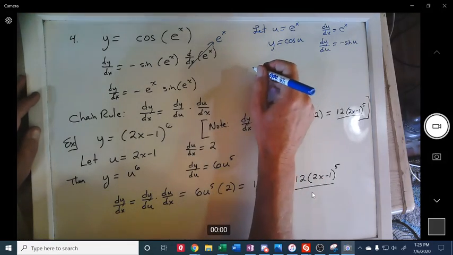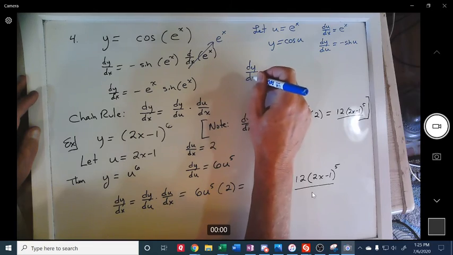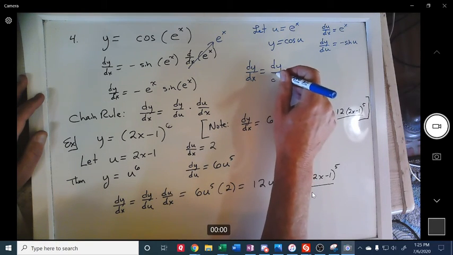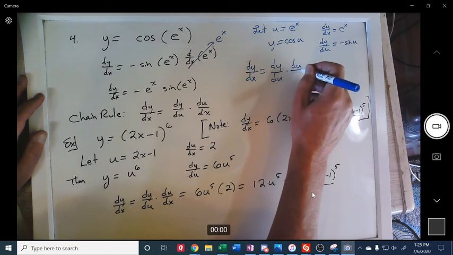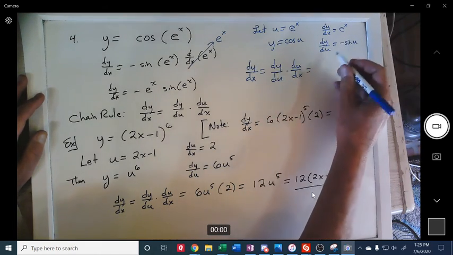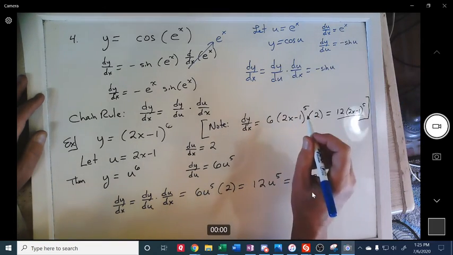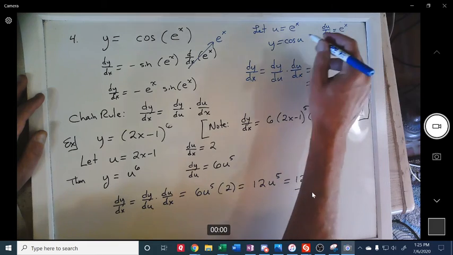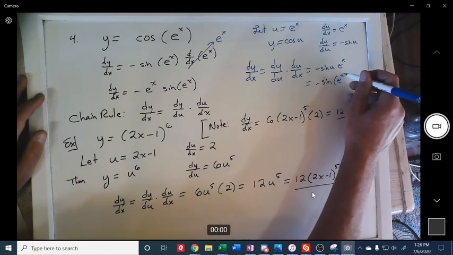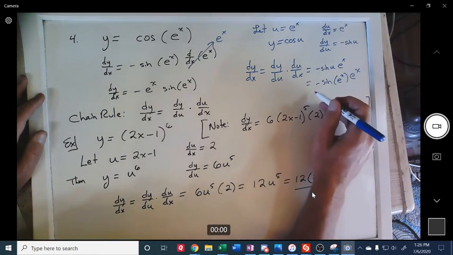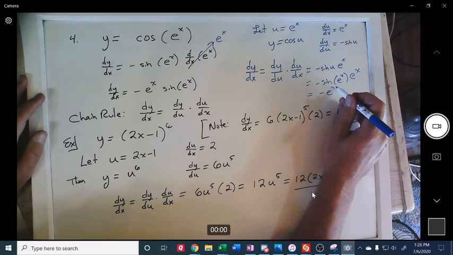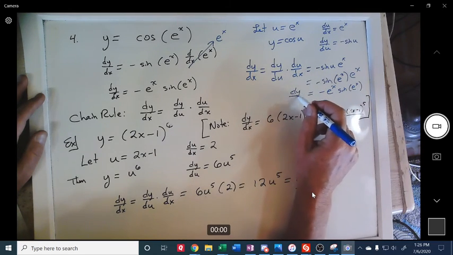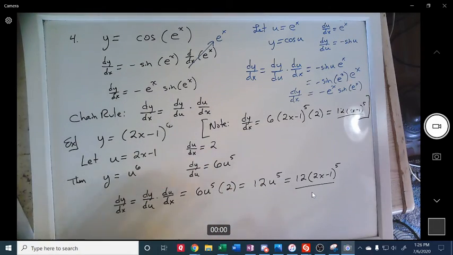And so then, dy dx would be dy du times du dx. dy du is negative sine u, and then du dx is e to the x, and then this is negative sine, and now u is e to the x, times e to the x, and then if we replace it, putting this one first, we get exactly the same answer that we had before.